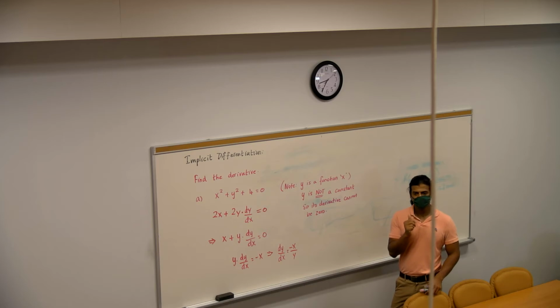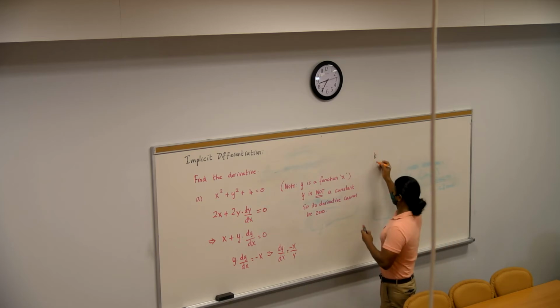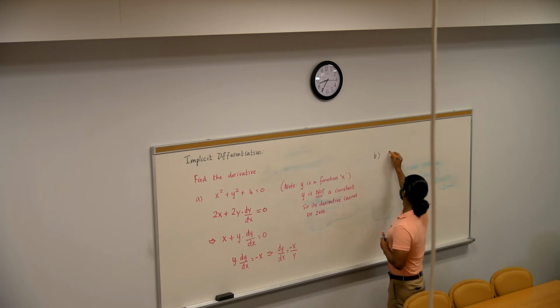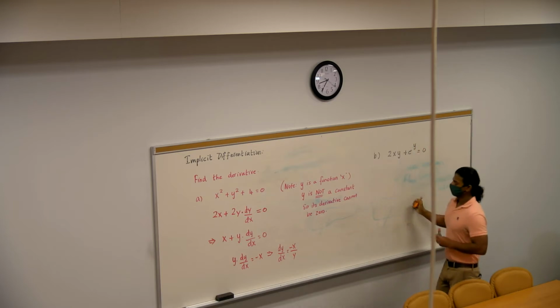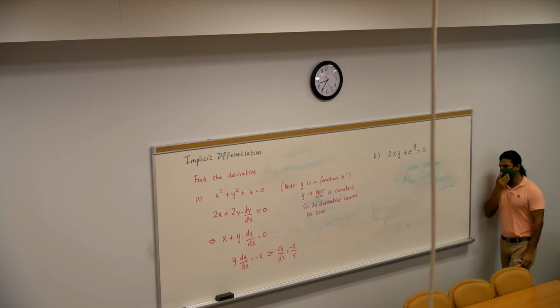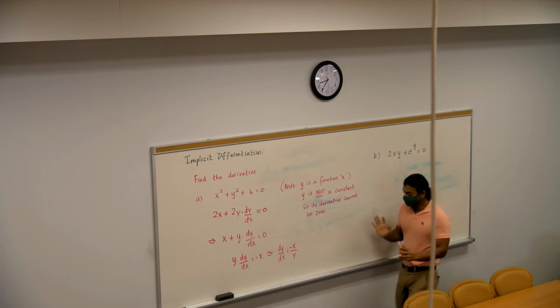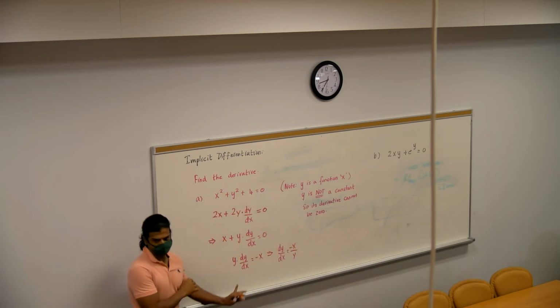Are we clear? And we should keep in mind that oftentimes we may not be able to separate the derivative nicely like I was able to do it here, in which case we will leave the answer as is.